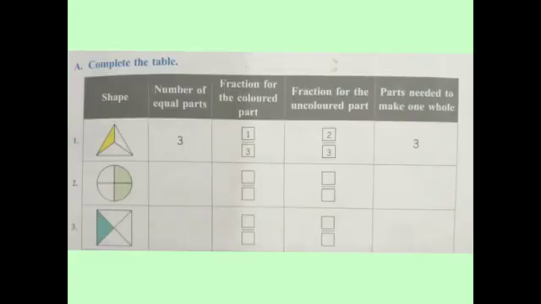Exercise sums. Complete the table. Some shapes are given. We have to find out the number of equal parts, the fraction for the colored parts, the fraction for the uncolored part, and the parts needed to make one whole. First is a triangle, which is divided into 3 equal parts.